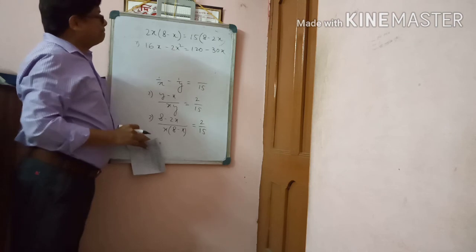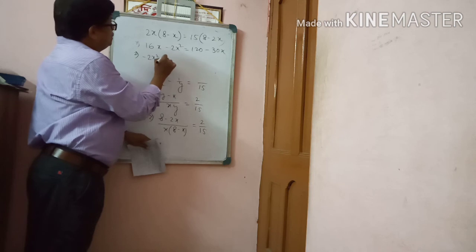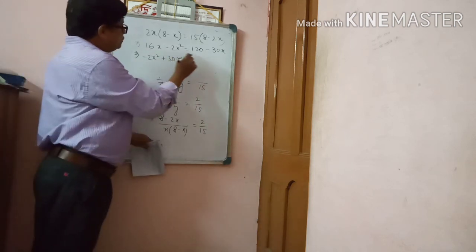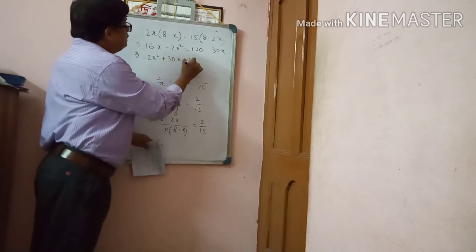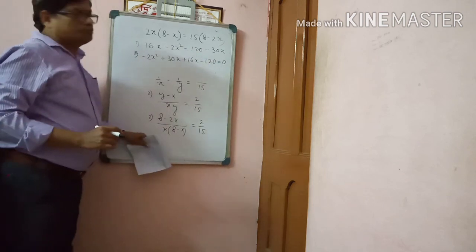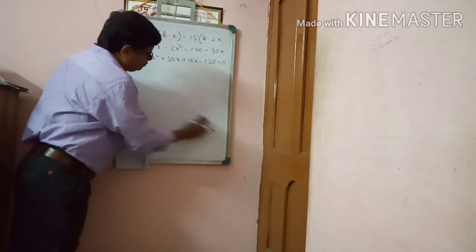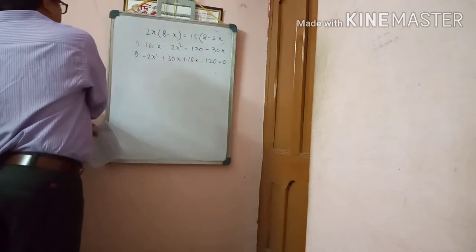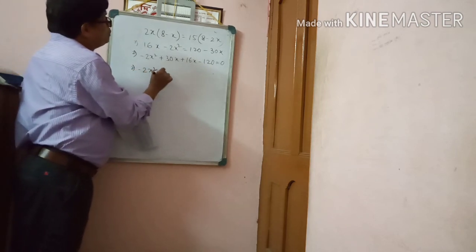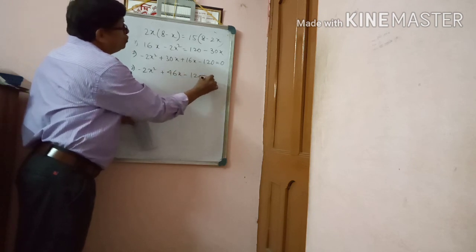Right, minus 2x square plus 30x, plus 16x minus 120 equal to 0. So minus 2x square plus 46x minus 120 equal to 0.